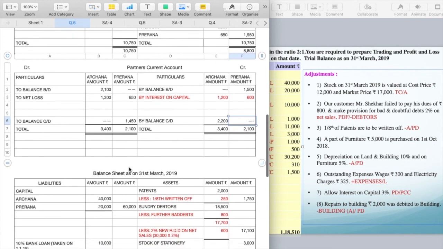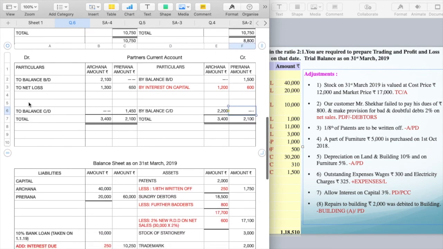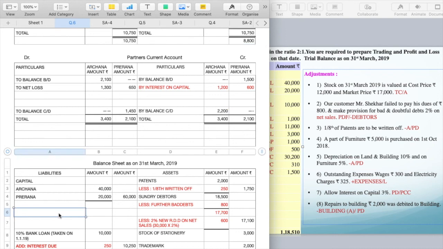Now in the capital account we always used to get the difference on the debit side only. I always used to say, if the difference is on the debit side, in the balance sheet it will go to the credit side. Credit side means liability. So here I have to write current account of Prerna. Only Prerna's account will come here, and the amount will be directly in the outer column, 1450.